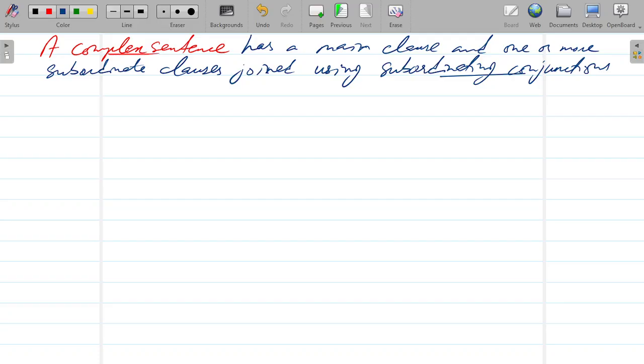So, what I can give you are some of the common ones that have been categorized, listed according to the meaning. Just like the coordinating conjunctions added meaning to the sentence, the subordinate conjunctions do the same. So what I'm going to do for today is just give you a list. We don't have enough time to practice them.